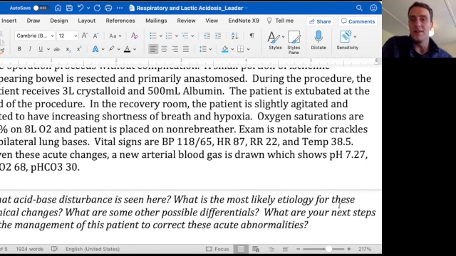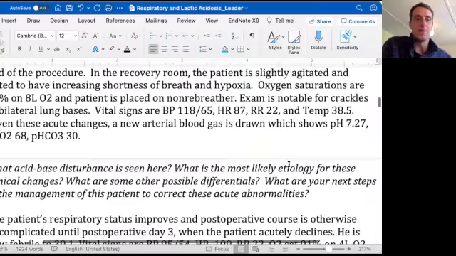This patient does have underlying respiratory issues, so giving sodium bicarbonate may help in the short term, but if they're not able to ventilate appropriately, then that could give you issues in the longer term. So that would be one caveat.